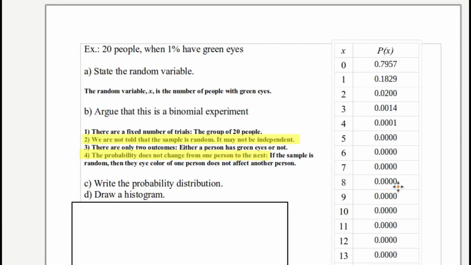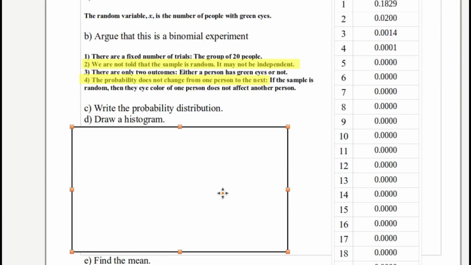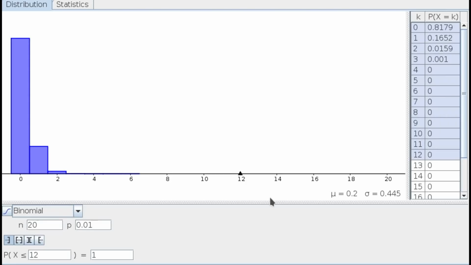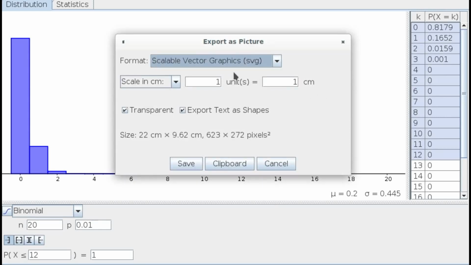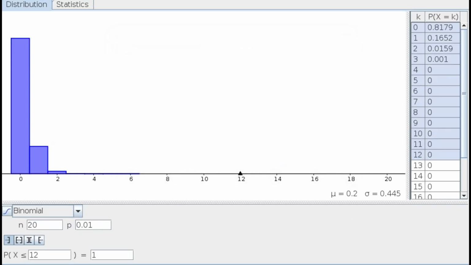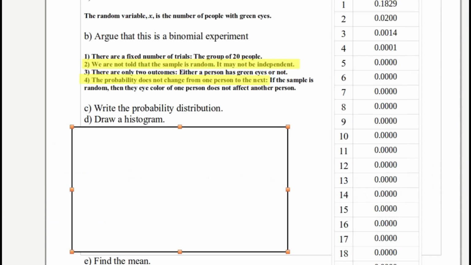So here it is, and now it's asking us to draw a histogram. We can do that relatively easily by clicking on it and exporting that picture. An SVG is a perfect choice. So we can export that picture to our workbook.